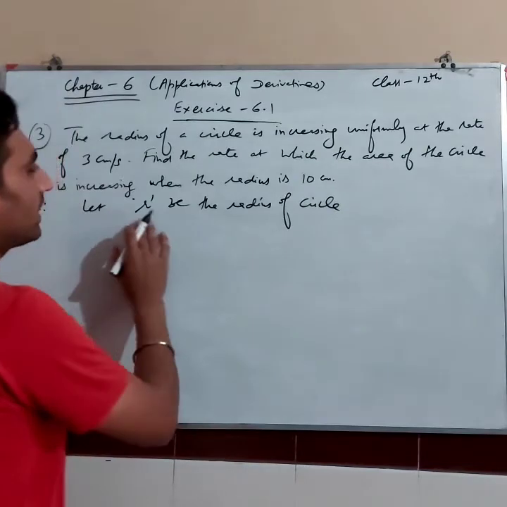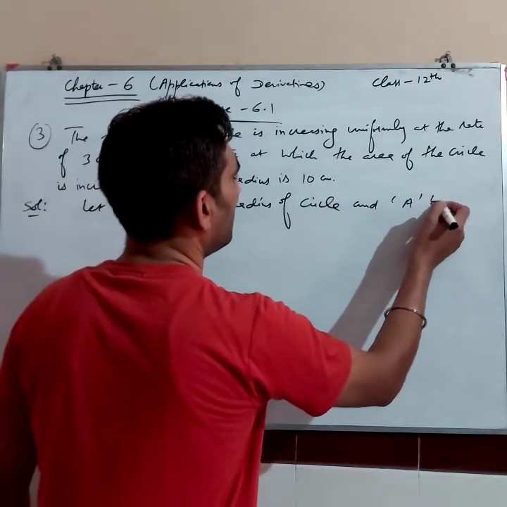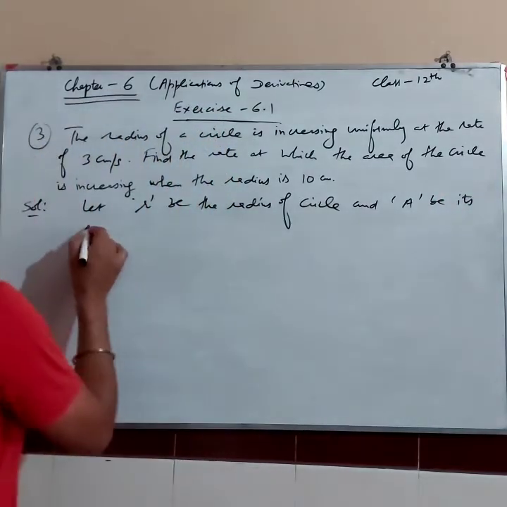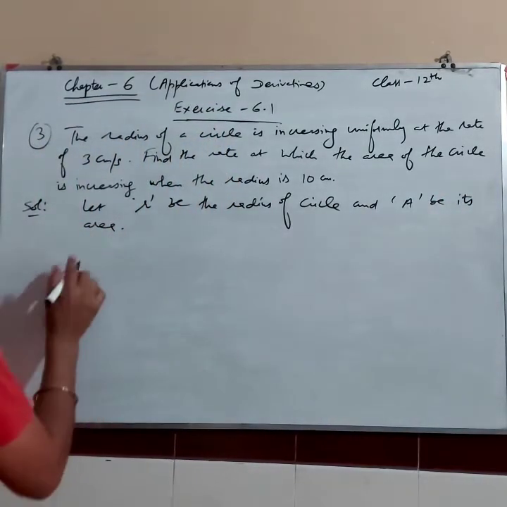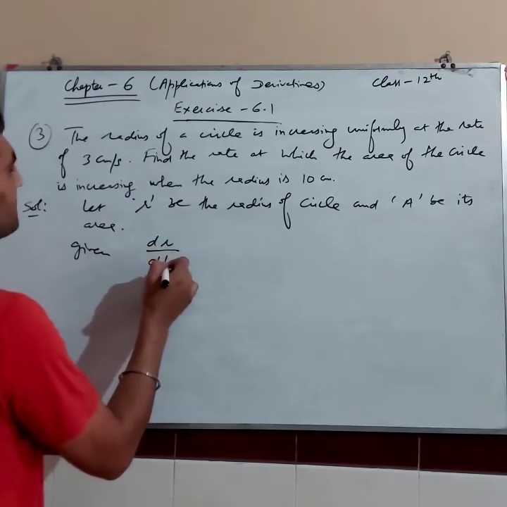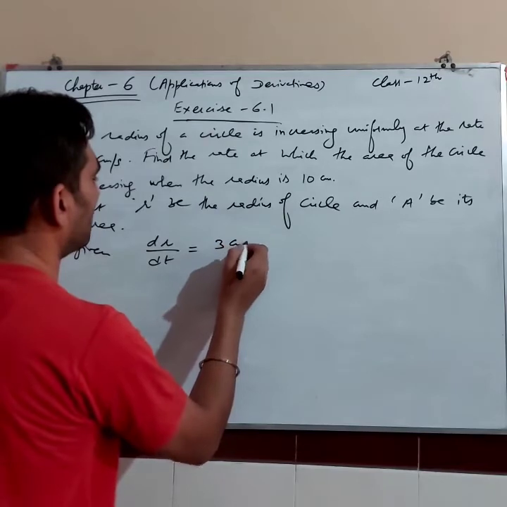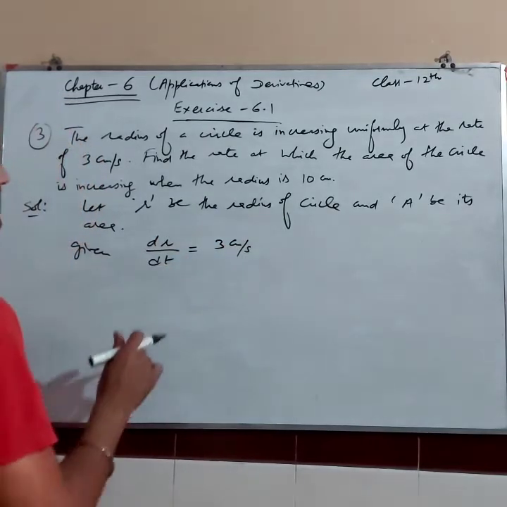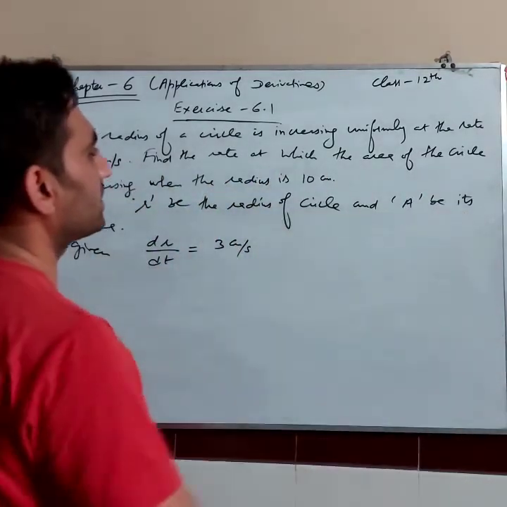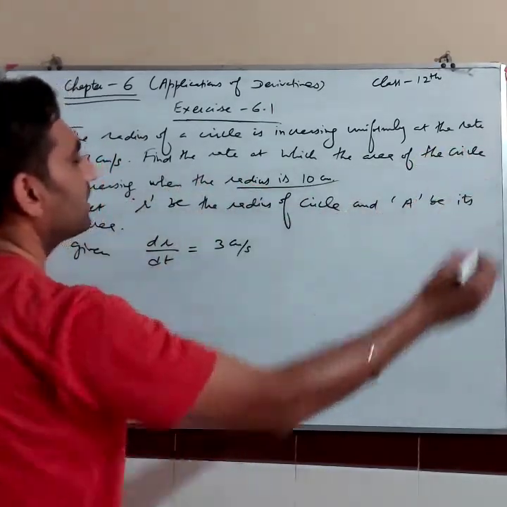So we will write here, let r be the radius of the circle and capital A be its area. So what is given? Rate of change of radius with respect to time is given. Increasing means only 3 centimeter per second. Then you have to find the rate of change of area when the radius is 10 centimeter.